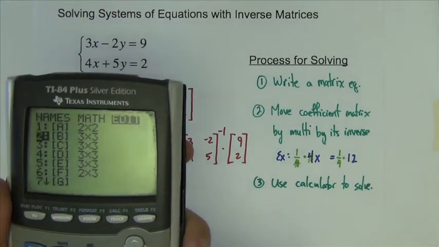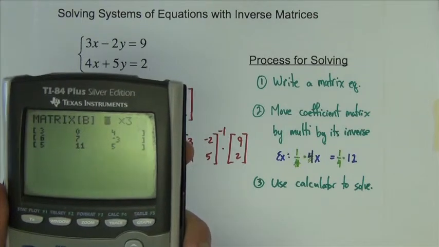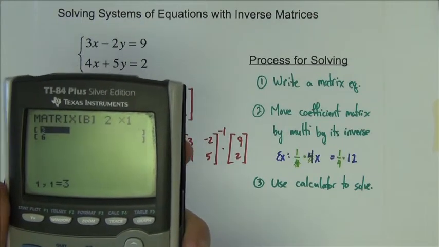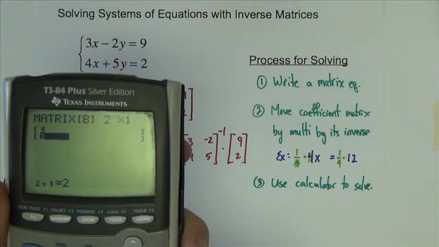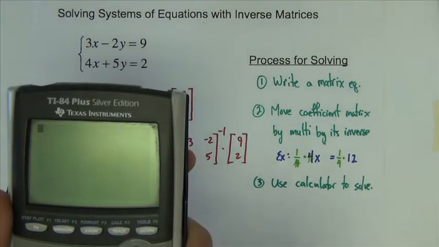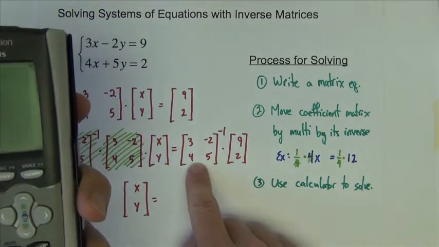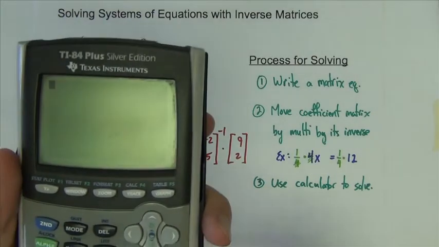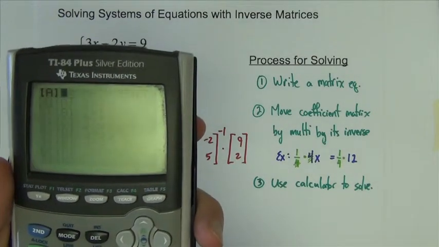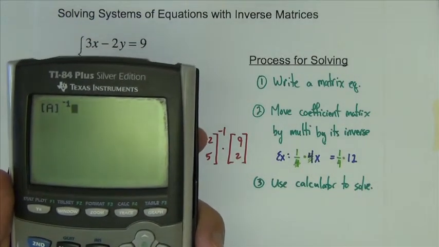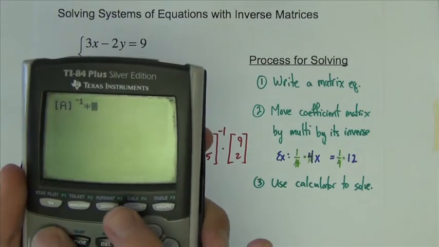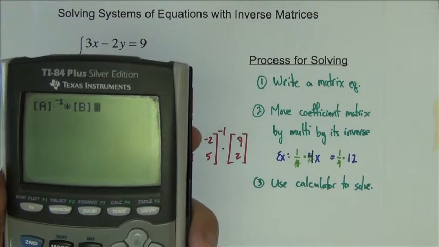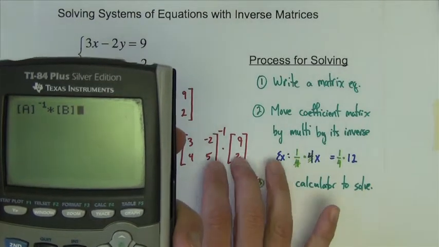And I'm going to edit matrix B to be a 2 by 1, and it's 9, 2. Then I quit. Now I want this one's inverse times this one, so matrix A's inverse times matrix B.